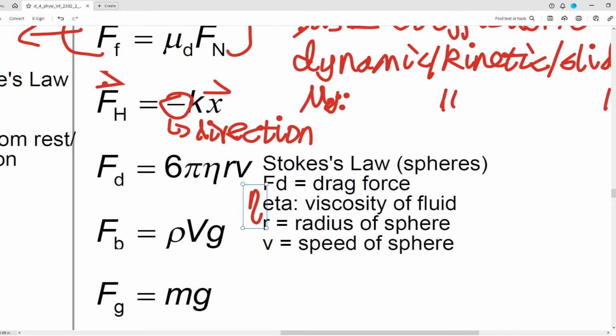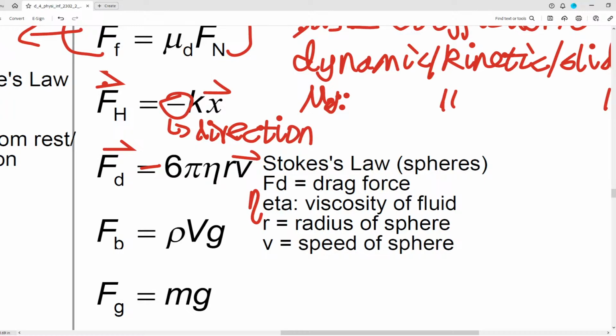So if we have to put direction into the formula, it would actually be negative, like that. It should be negative because the force is always opposite velocity. So basically it behaves like friction with a different formula.